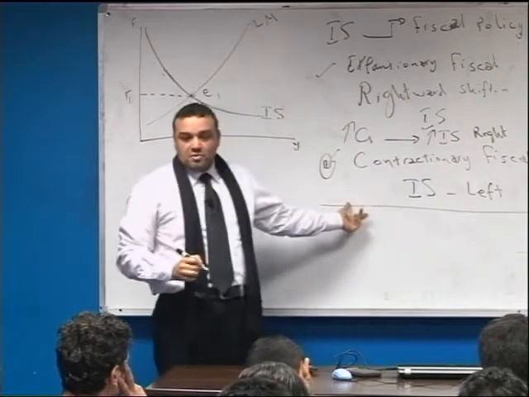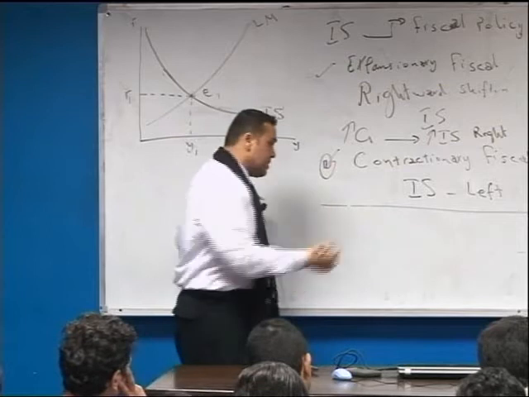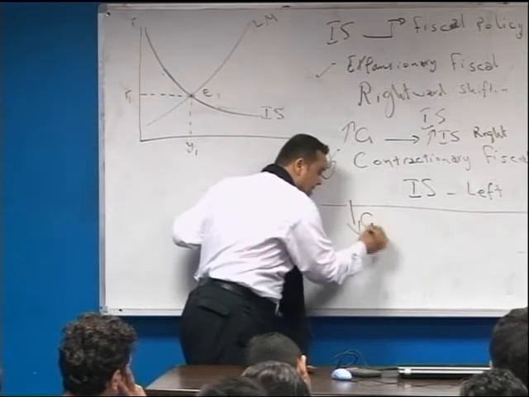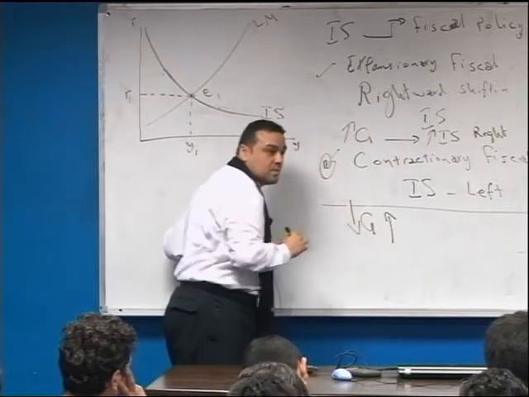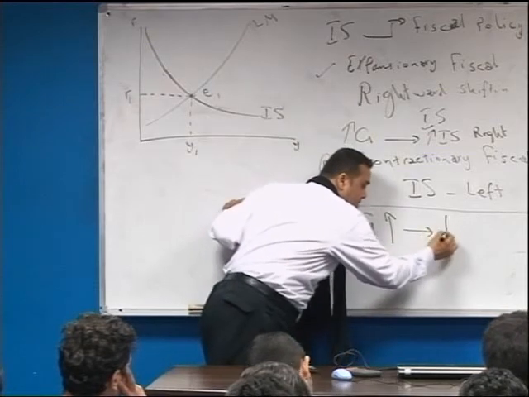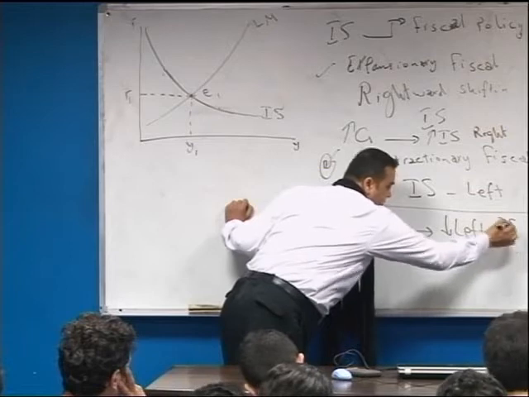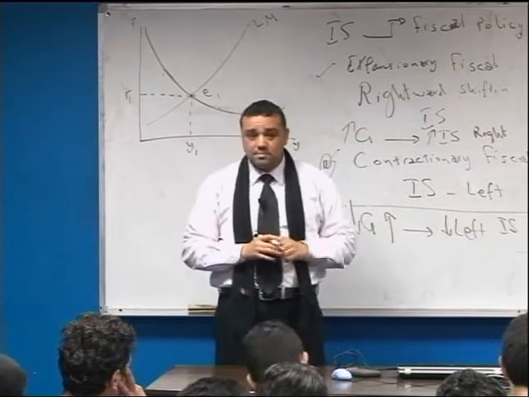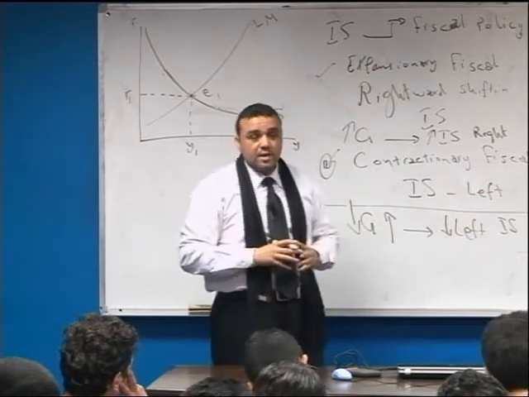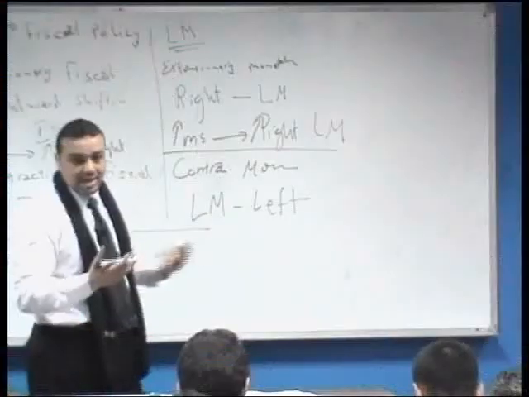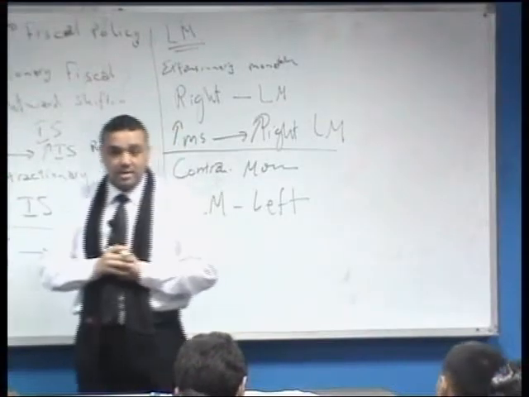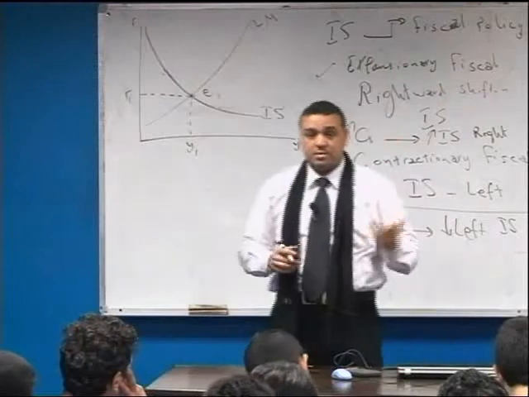But contractionary fiscal policy, maybe decreasing government spending or increasing taxes, leads to a leftward shifting of the IS curve. Is it clear? Let's see the applications of shifting in the IS or LM.